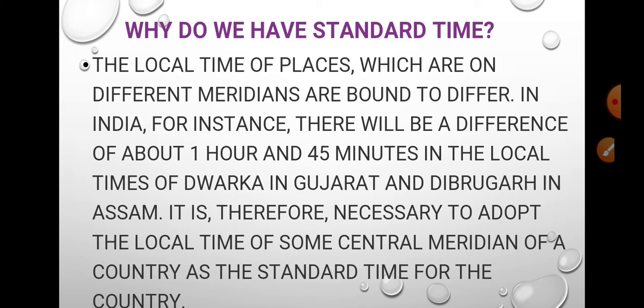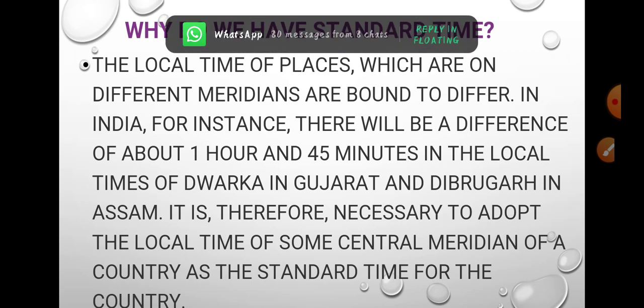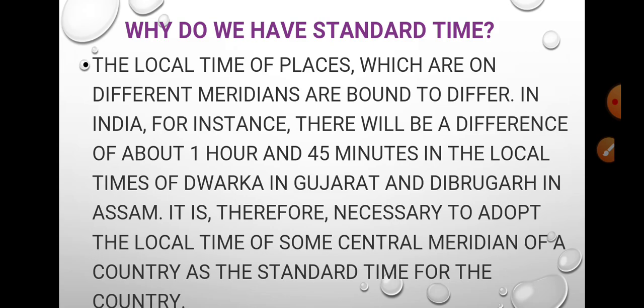Now, why do we have standard time? Standard means a particular standard is set for all. The local times of places which are on different meridians are bound to differ.